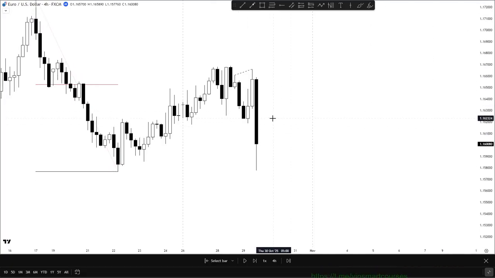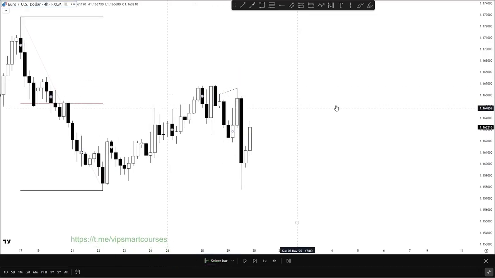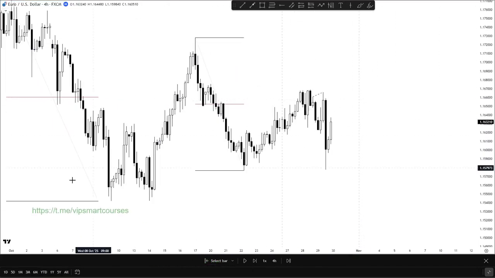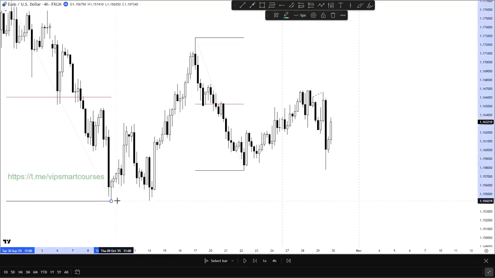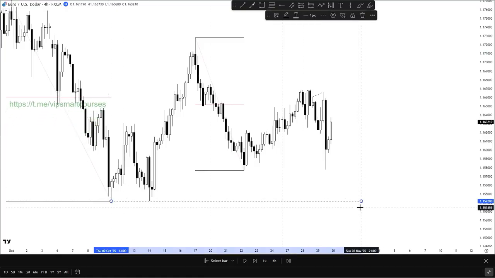Since we had already rebalanced the macro dealing range, my drawn liquidity for Wednesday and the rest of the week then shifted towards the low of the macro dealing range on the daily time frame. That was my next long-term drawn liquidity for price, and my new directional bias for the rest of the week was bearish.